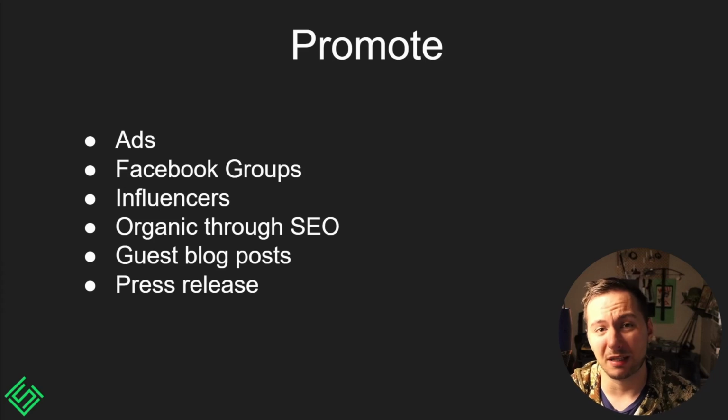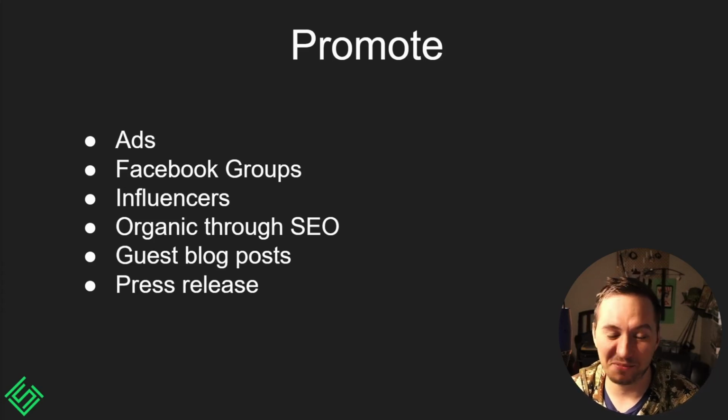Next is organic through SEO. Now this is actually going to take some time, but you might want to integrate this into your site, is to create some blog posts on your site for SEO, get your website, get your pages ranked, try to get on page 1, page 2, page 3 at the most. Just try to grow your site.